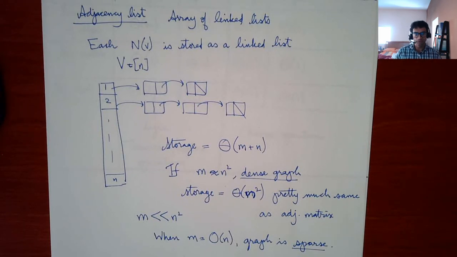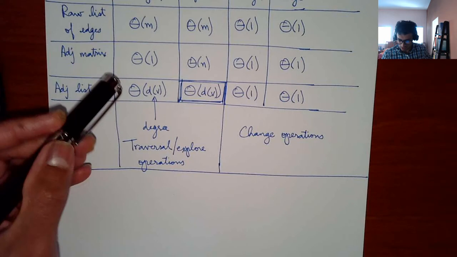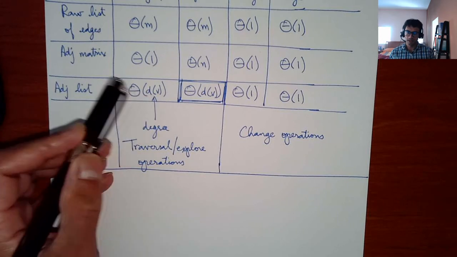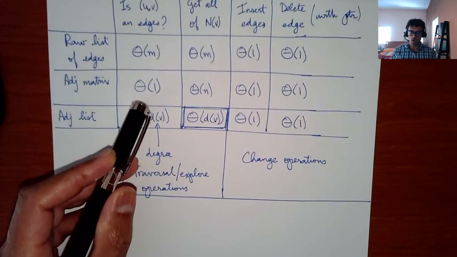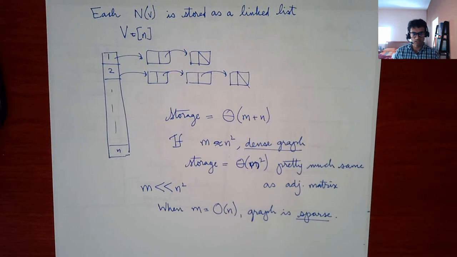So usually when the graph is dense, you might as well store it as an adjacency matrix, because you get the conveniences of the matrix, and the running times are going to be all the same, because in that case D of V is essentially n. And the benefit of the adjacency matrix is that edge lookups are really cheap. When the graph is sparse, then you want to store it as an adjacency list, because the storage is much smaller, and then a lot of operations will become faster. A lot of traversal operations. Excellent, thank you.